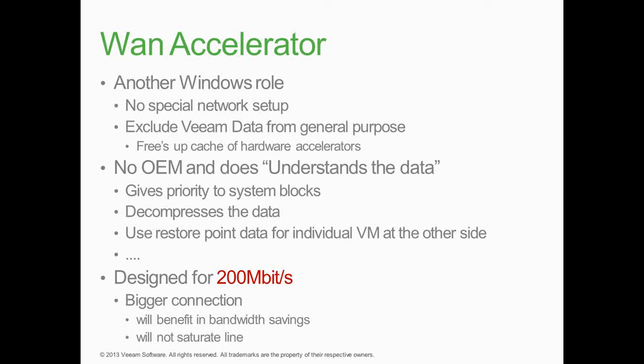As you see, it's designed for 200 Mbps or bigger connections, which will benefit in bandwidth savings and will also not saturate your line. Well, WAN acceleration is only available in the Enterprise Plus edition of Veeam Backup & Replication. So that's important.